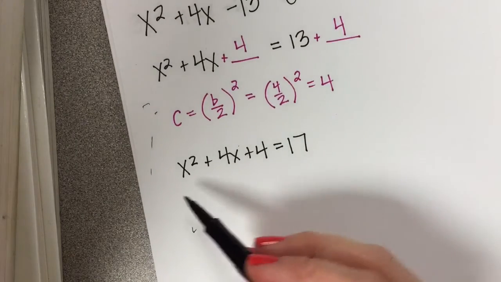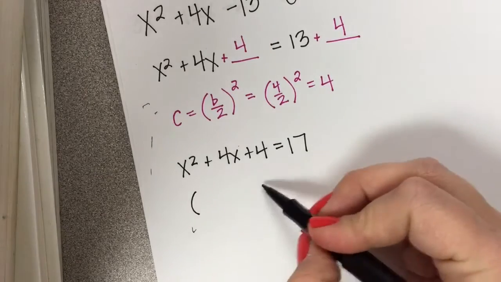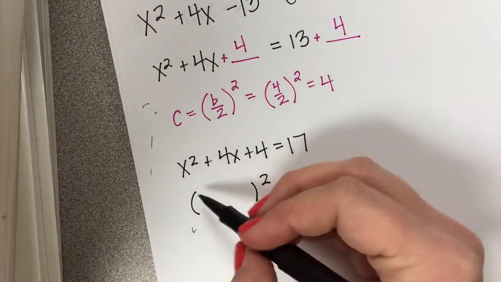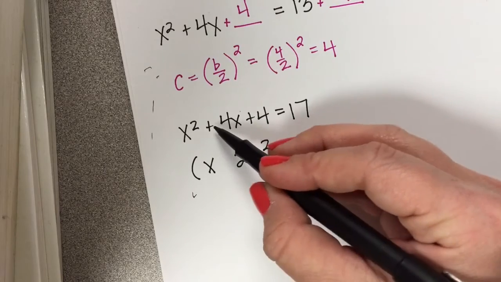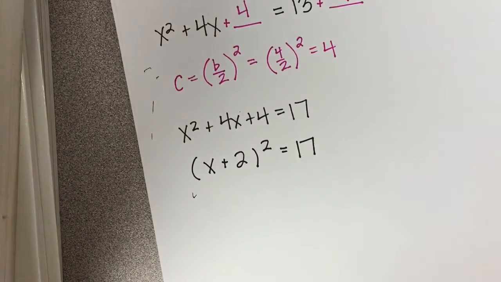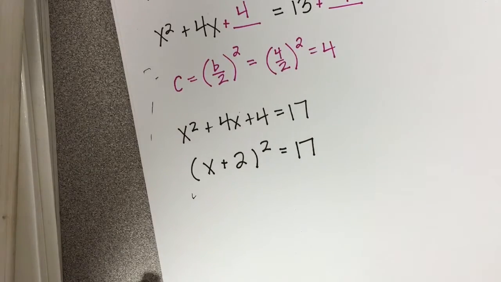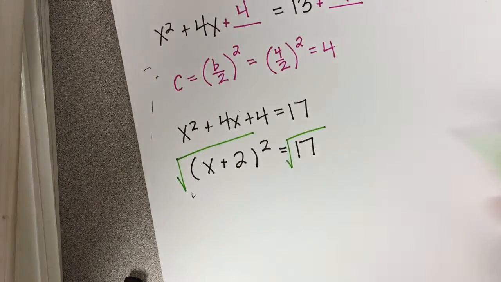Okay, so now I've created a trinomial square. So the square root of x squared is x. The square root of 4 is 2, because this is a plus sign, this is a plus, and that equals 17. So I'm down to that step where I'm going to take the square root of both sides, and the positive and negative root on the right-hand side.